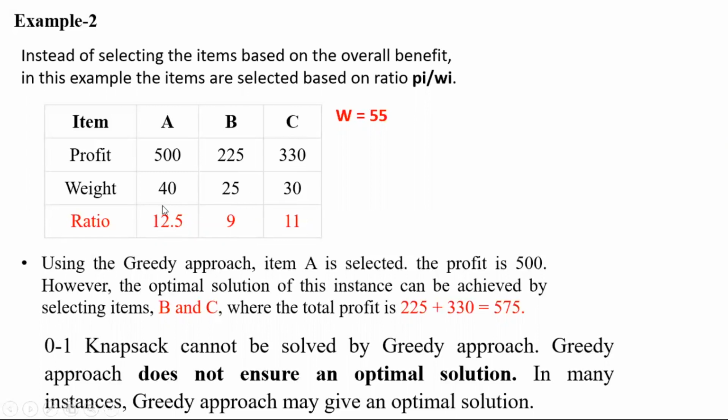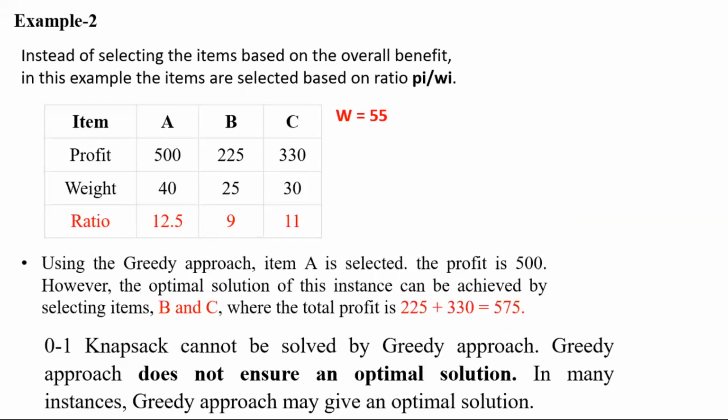If we take the ratio, profit by weight, and apply a greedy approach, we start with A, the weight is 40, and the remaining weight that we can pick in the bag is 15. We cannot take B or C, since in the 0-1 knapsack problem we have to take the whole item or nothing. So in this case, the total profit is 500.